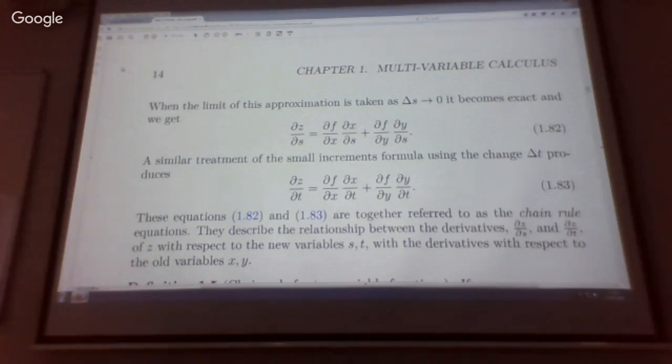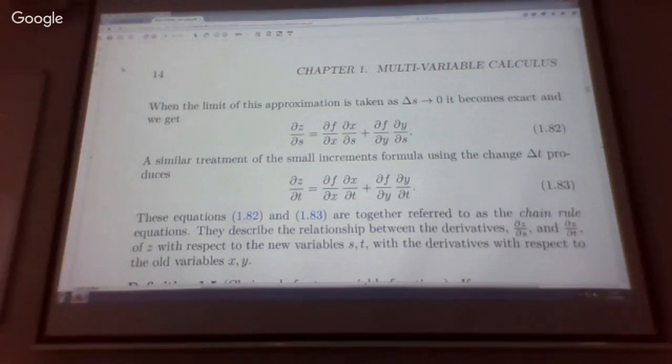And taking the limit of that as delta s approaches 0, well, by definition, that is exactly the partial derivative of the quantity z with respect to s.